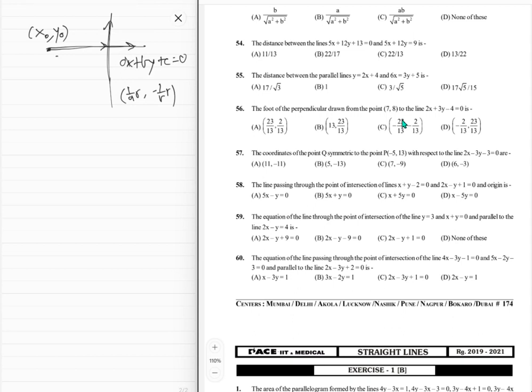Because the line perpendicular to this thing will be like bx minus ay plus some constant equal to 0, and for that the vector similarly would be 1 upon br and negative 1 upon negative ar. So this becomes 1 upon br, 1 upon ar, right?